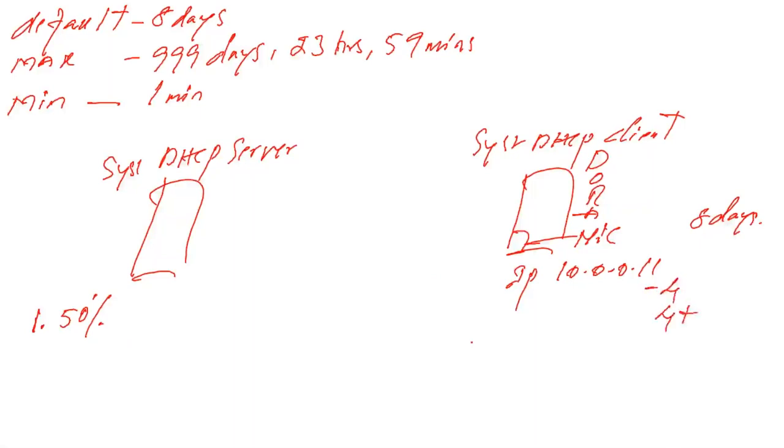So now the client is sending a request to the server, and this time the client will not send a discover packet. The client has information of the server, and the server has information of the client. So now the client sends a request packet to the DHCP server to renew the days. That is called a request packet, and this packet is a unicast packet, because this time the client has information of the server and the server has information of the client.